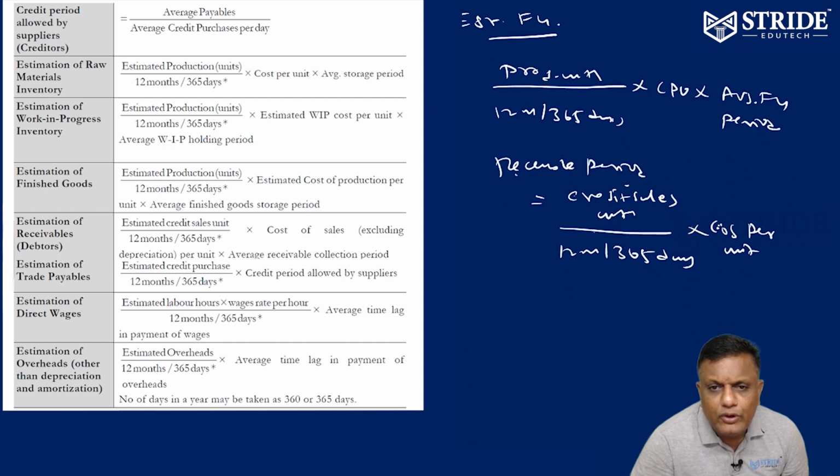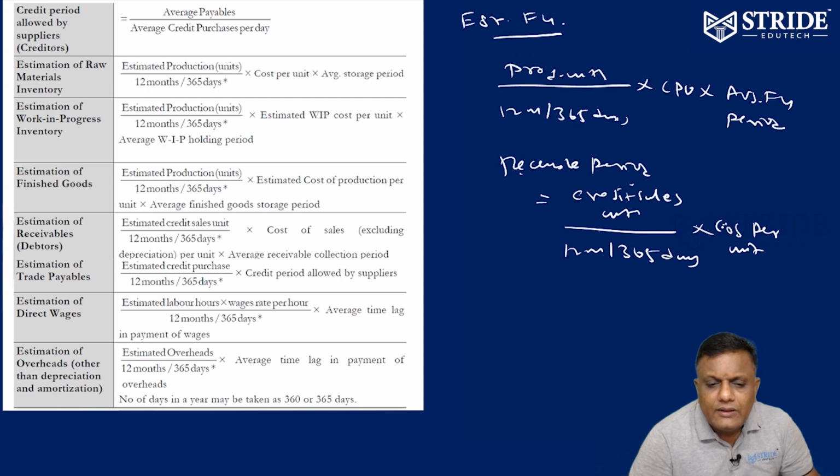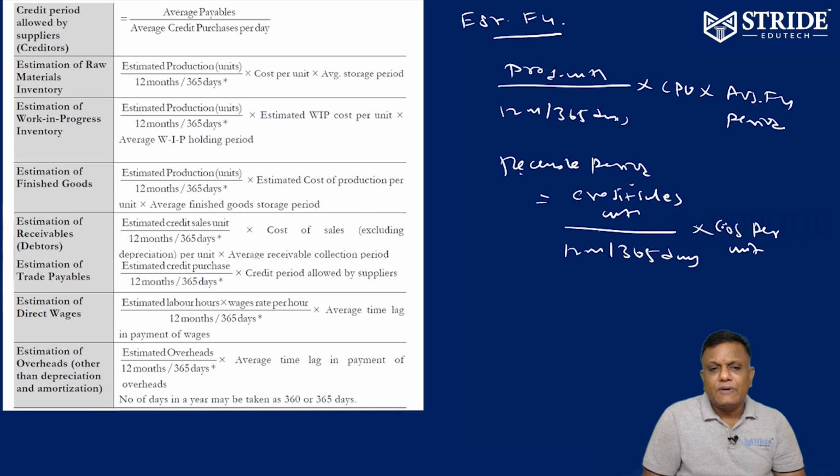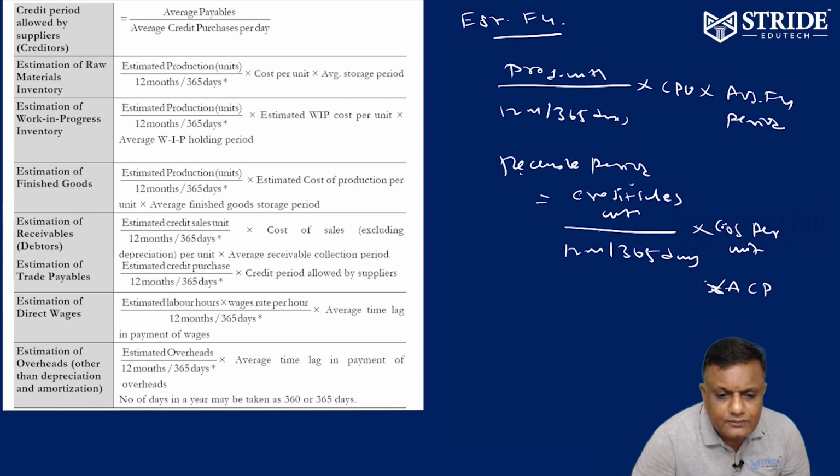There are two methods of computation of debtors: one is the cash cost basis, another is the sales approach. Cash cost basis means only cost of sales is taken. If it is a sales basis, sales can be taken. For cash cost, depreciation is to be eliminated. So cost of sales per unit into average collection period. Suppose it is in months, divide by 12 months; if in days, divide by 365 days.